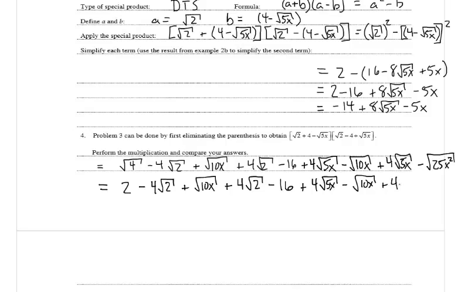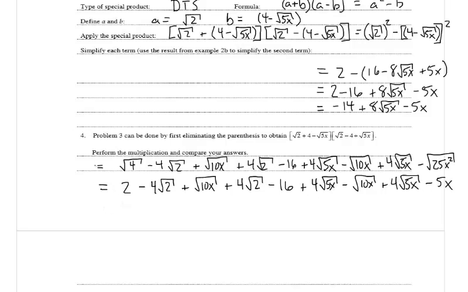So we have the square root of 4 is 2, minus 4 square root of 2, plus the square root of 10x, plus 4 square root of 2, minus 16, plus 4 square root of 5x, minus the square root of 10x, plus 4 square root of 5x, and the square root of 25x squared can be written as 5x, so minus 5x.